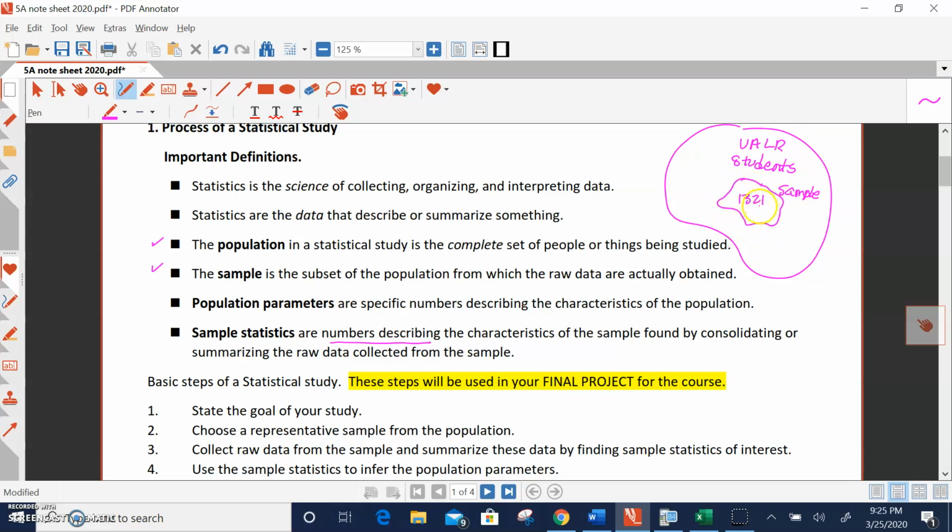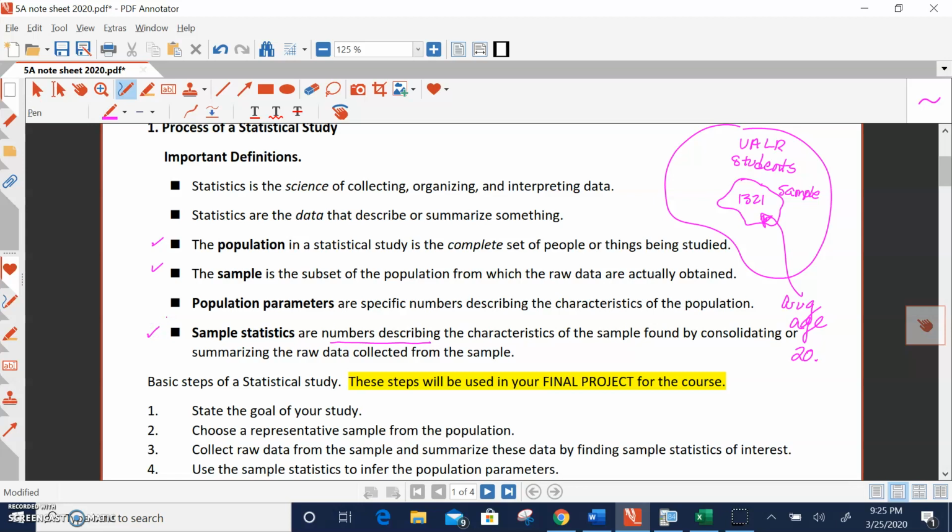And I would find your average age. That number that I would get, let's say the average age is 20. That number is called a sample statistic. It's the number I find for the sample. So let's say that sample has an average age of 20. That's the sample statistic. It's what I find out about that sample.